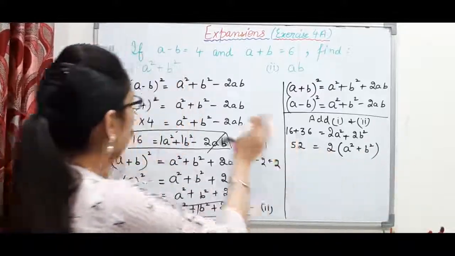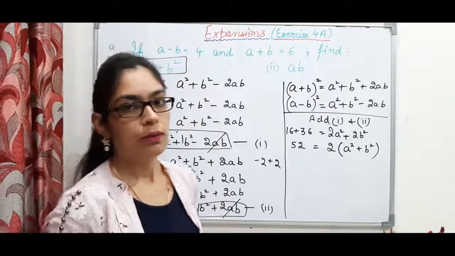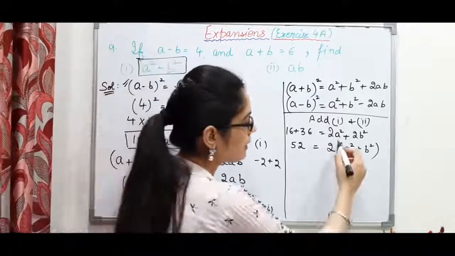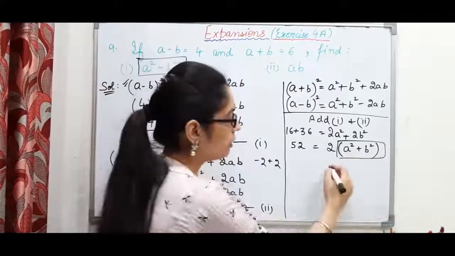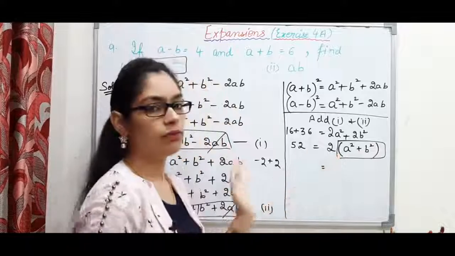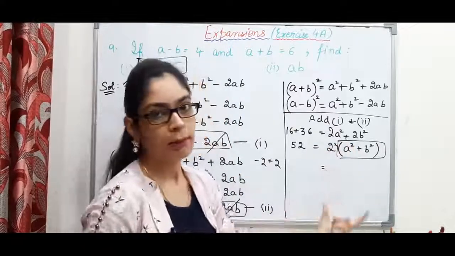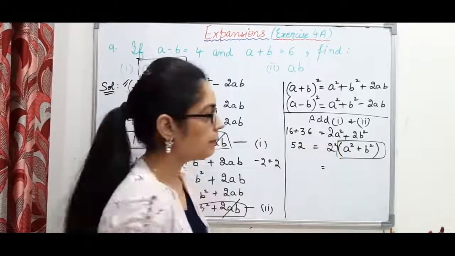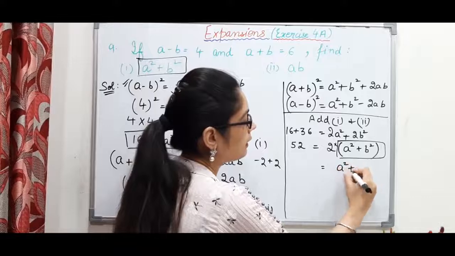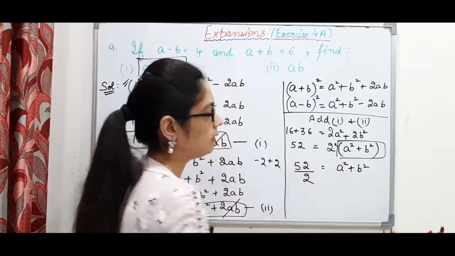Now see, in our first part we just need the value of a square plus b square. So what we have to do, this a square plus b square will write on this side and this 2 will shift on other side. See, this 2 is getting multiplied, since it is written just next to the bracket. So the multiplicative term, when we shift it to other side, it will get divided.